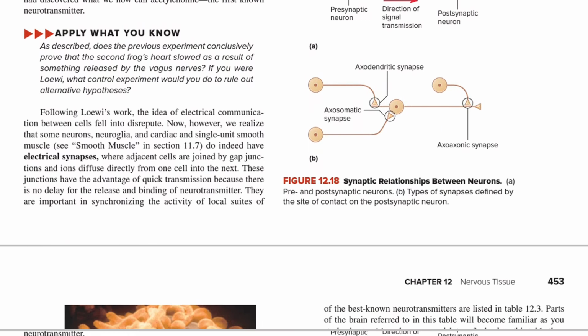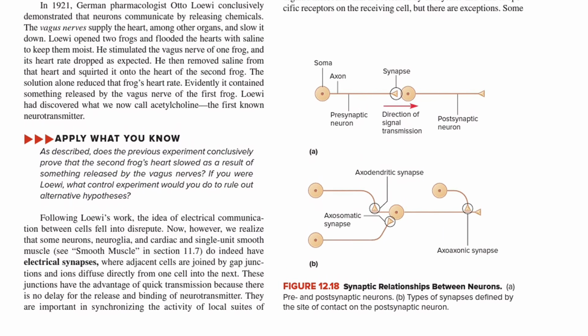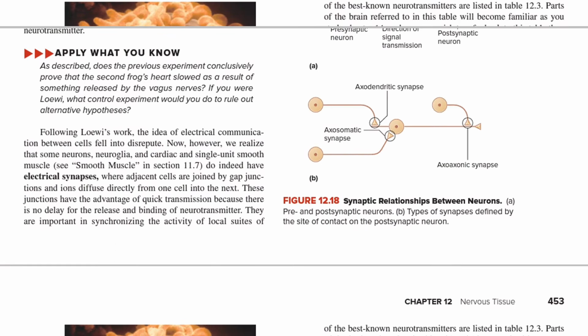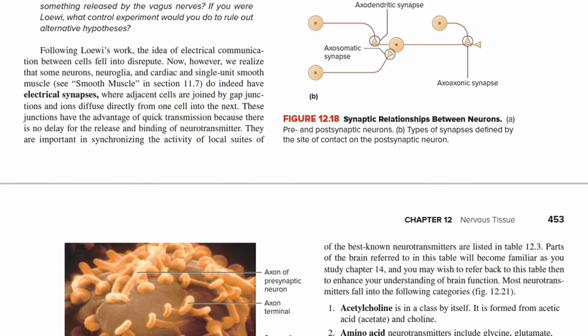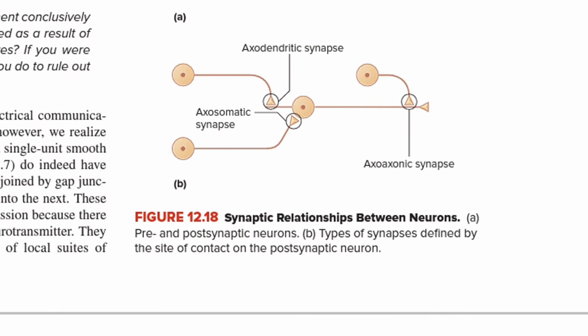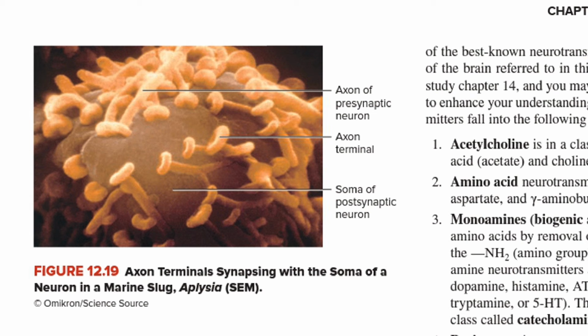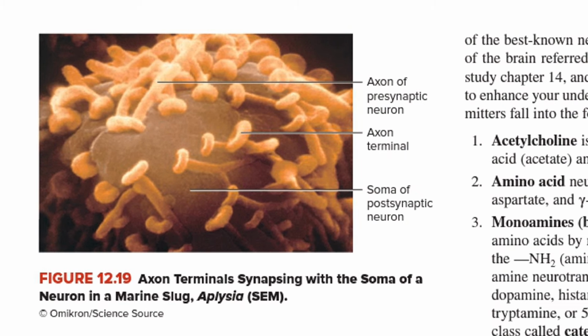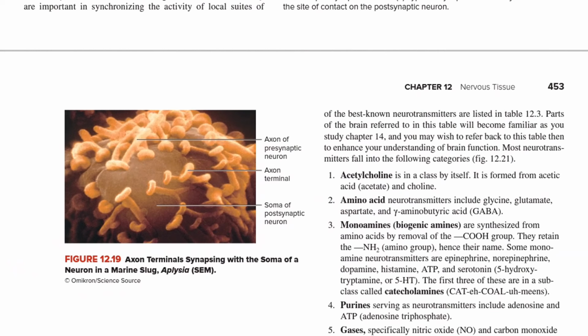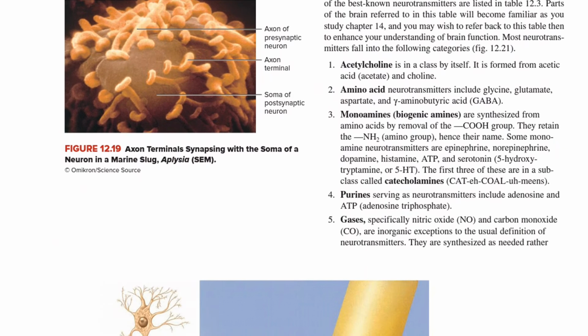Synaptic relationships between neurons and the direction of signal transmission. In this figure, the synaptic relationship between neurons. Axon terminals synapsing with the soma of a neuron in the marine slug Aplysia, scanning electron microscope, SEM.